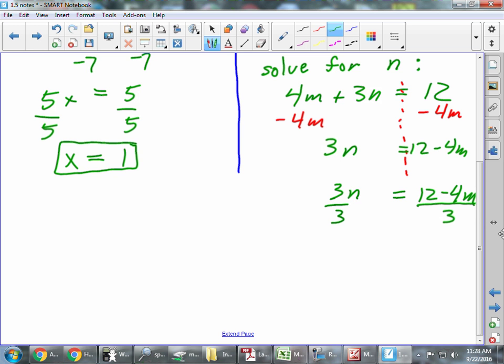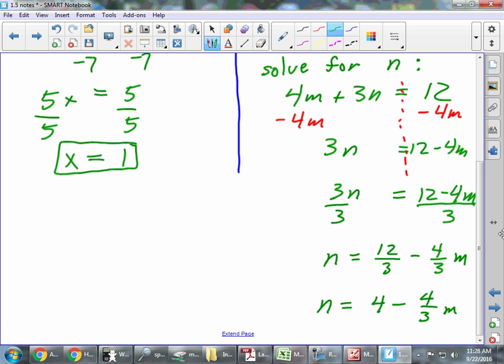So now we're at 1n, or just n equals, you can quit here, or if you want to be cool, you can say 12 over 3 minus 4/3 m. And then we get n equals 4 minus 4/3 m.